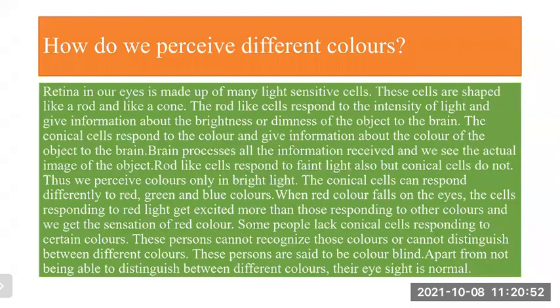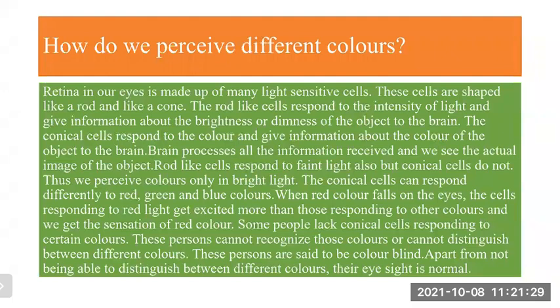Now let us study how we perceive different colors. We are able to see the objects. Why are we able to see the objects? Up till now, we have studied image formation by concave lens as well as the convex lens. And we have also seen the structure of the eye, and we know that the image is formed on the retina, isn't it?